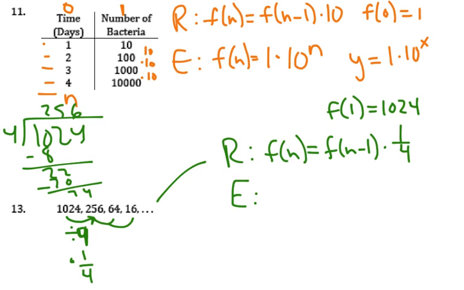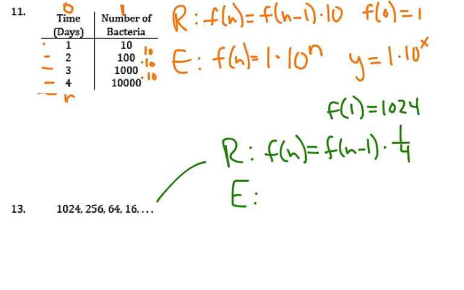Okay? So, for our explicit, we're going to have to go backwards one to find where our 0 term would be. Because it's a sequence, it's a little bit different than thinking like we are in a table.